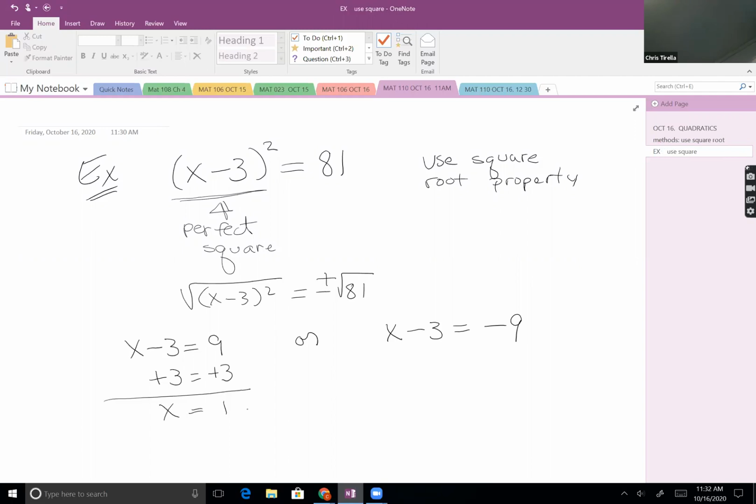On the left, I get 12. And adding 3 to both sides on the right, I get negative 6. How's that one?